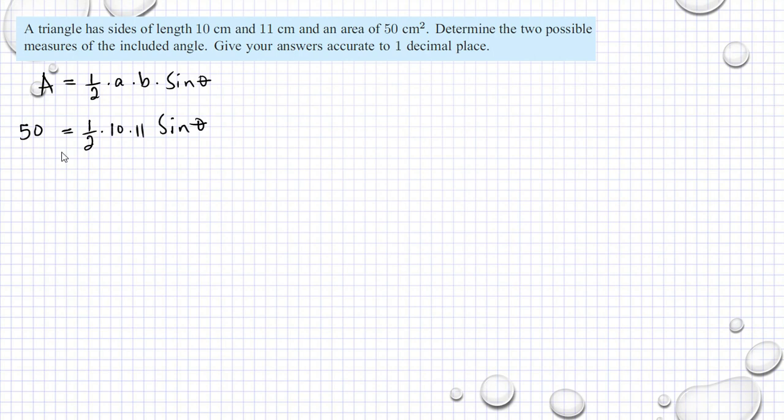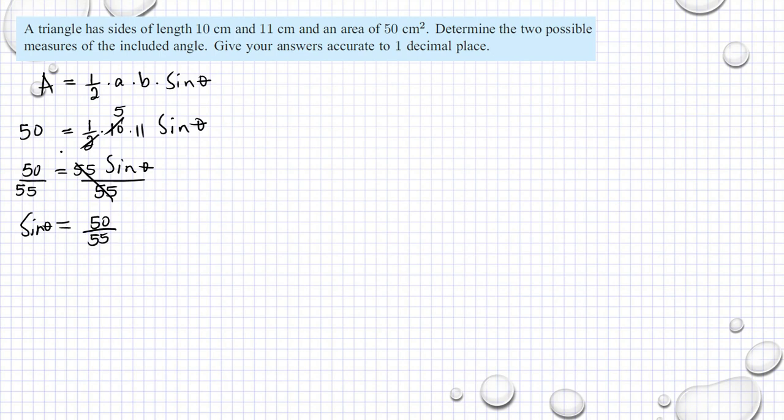Then 1/2 of 10 is 5, and 5 times 11 is 55, so 50 is equal to 55 sine theta. And then if we divide both sides of the equation by 55, we have sine theta equal to 50 divided by 55.